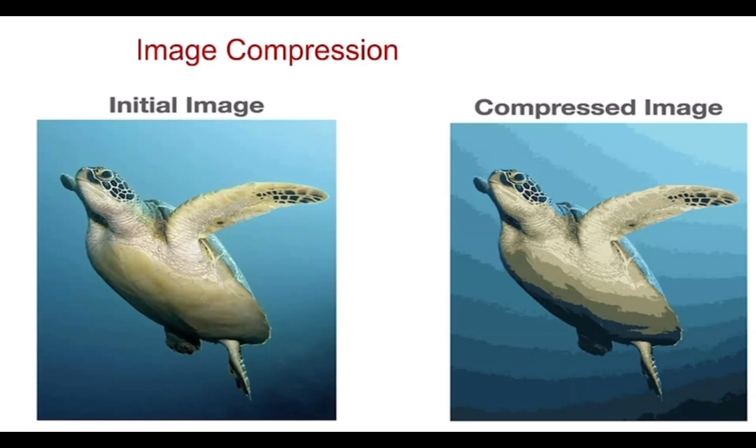Don't forget, imagine you have an image of 300 by 300 in dimension, and 300 times 300 would be 90,000 pixels, and maybe each pixel has a triplet of color, maybe red, green, and blue. So imagine the number of pixels that we have, and of course it means we need more space when it comes to data storage.